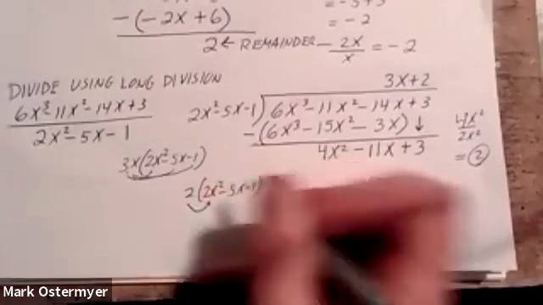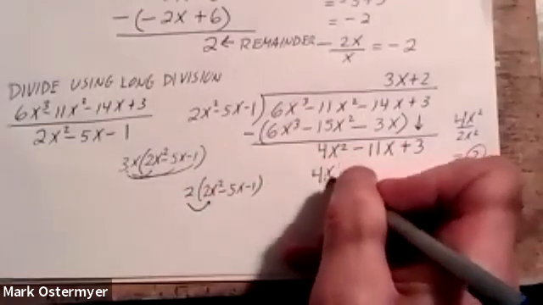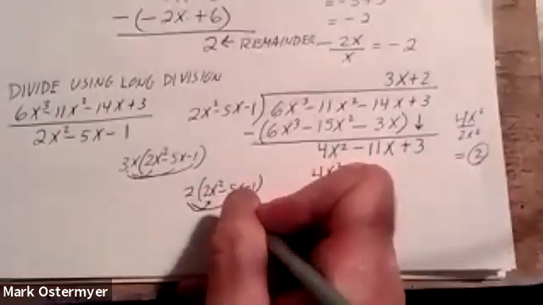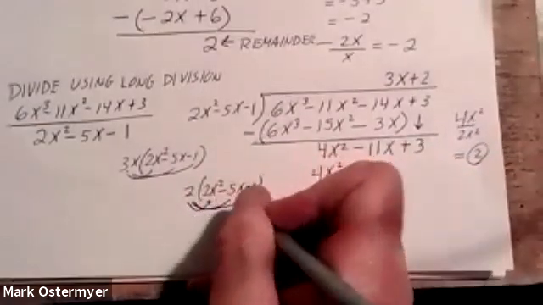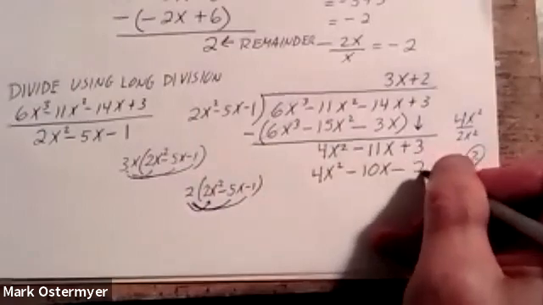What's 2 times 2x squared? 4x squared. 2 multiplied by negative 5x is negative 10x. 2 multiplied by negative 1 is minus 2.